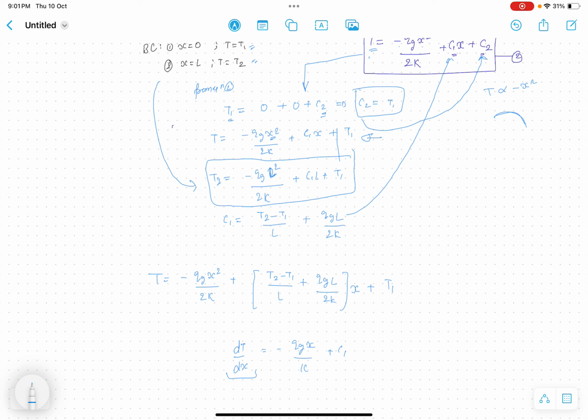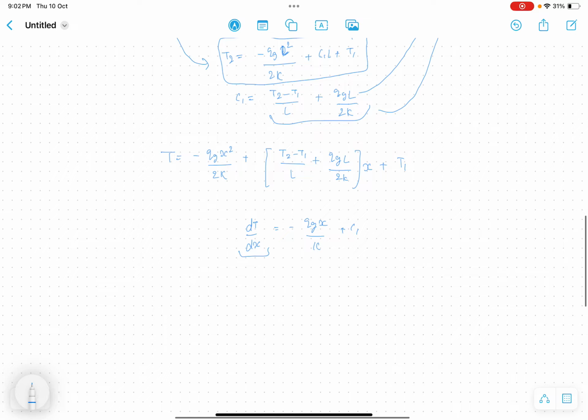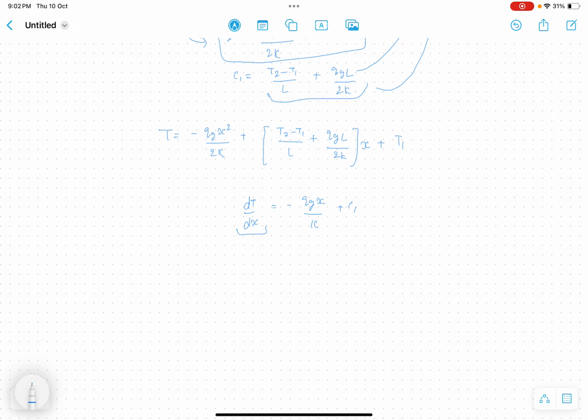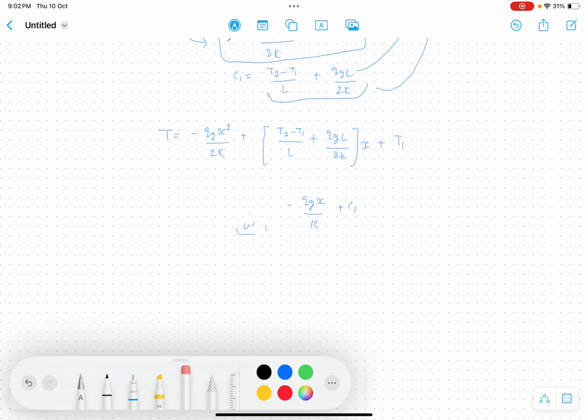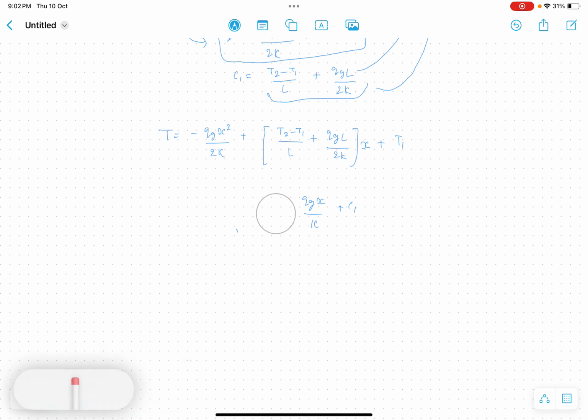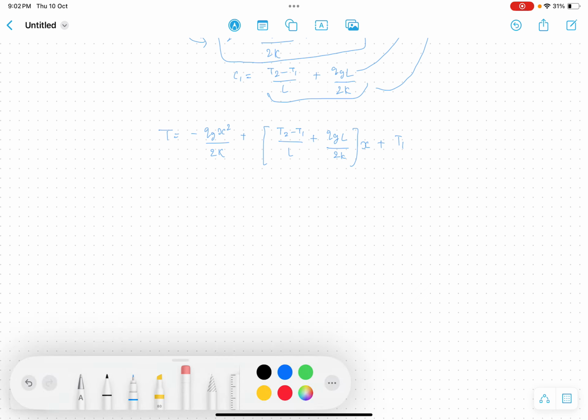So we can get c1 as this value. Putting c1 in the above equation, the second equation, we can get a temperature profile like this, right? So we have the temperature profile for this case.